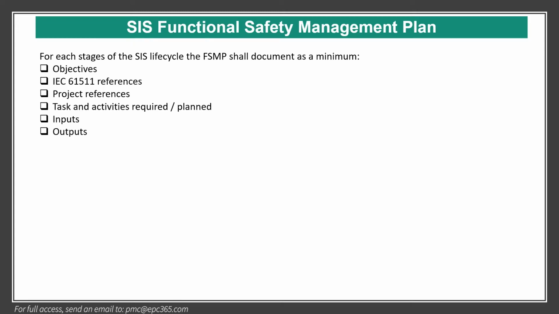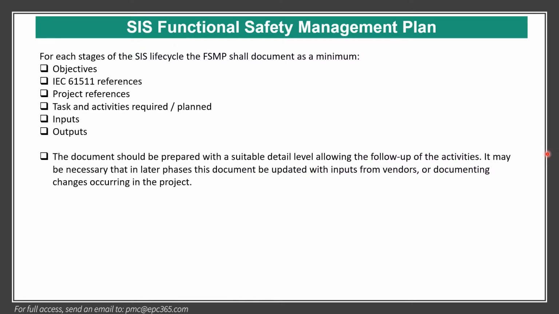And in the functional safety management plan, each stage of the SIS life cycle shall document as a minimum: objective, IEC 61511 references, project references, tasks and activities required and plan, input and output.